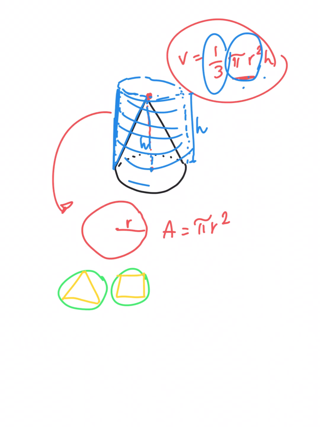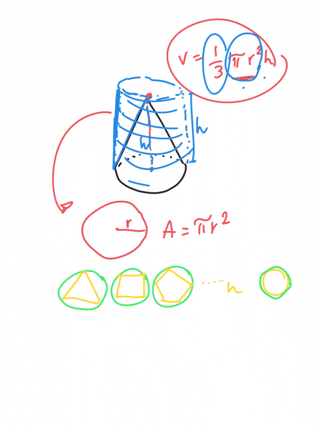We can start with a triangle, then a square, then move up to a pentagon, and keep on moving up an infinite number of times. Once it has moved up enough times, the polygon will actually become like a circle on the inside, just like the outside.